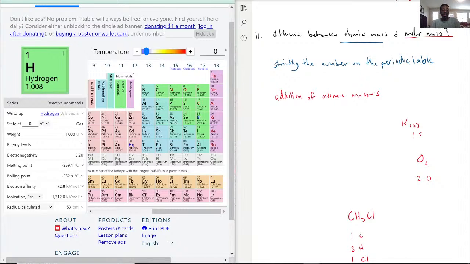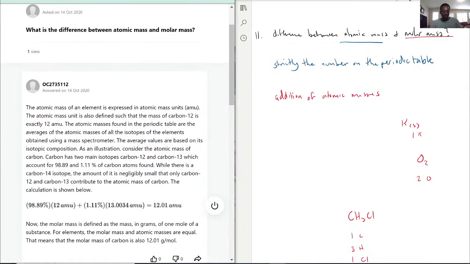And let's see what they have here. Atomic mass is expressed in atomic mass units. And they also explain how they got the atomic mass numbers: they take the isotopes, because in nature you won't really see a carbon that has 12.011 grams.